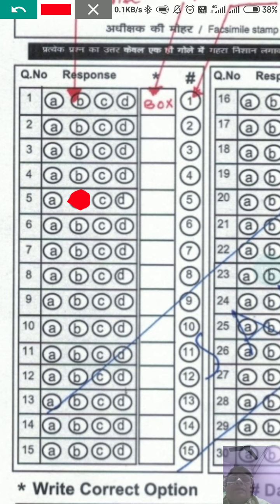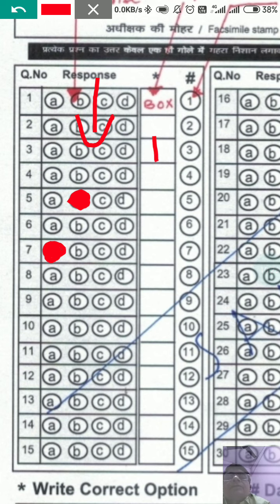So this is the correct way. Suppose for question number 7, the correct answer is A. So darken circle A. Okay. So these are the responses for multiple choice questions here.